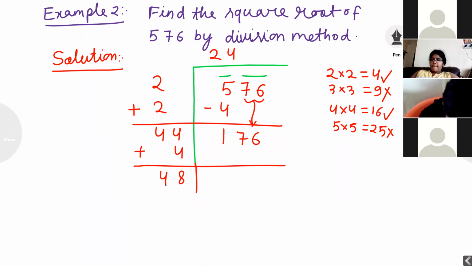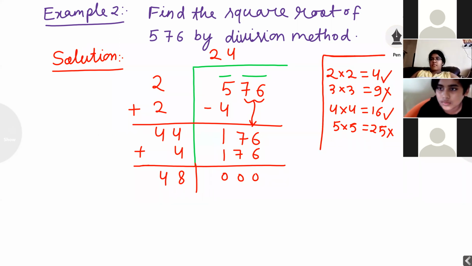And 4 fours are 16, 1 carry, 4 fours are 16 plus 1, 17, 0, 0. Now, students, you are observing how to check whether my answer is right or wrong. Double of the quotient is 48, 24 into 2, 48, so our answer is right. Whatever calculation I am doing here, you will write in the rough notebook.